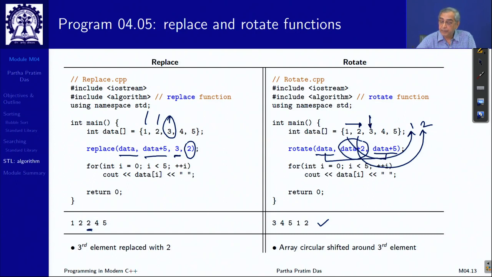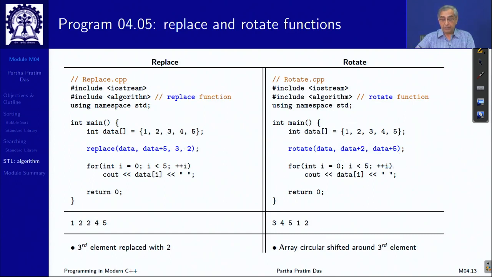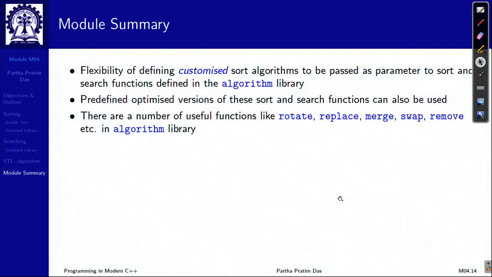So, these are some of the very common algorithms which are all available. You just need to include the algorithm component and keep using it. Besides rotate and replace, you also have merge, you have swap already given, you have remove an element, and so on and so forth. So, it has a lot of good value.